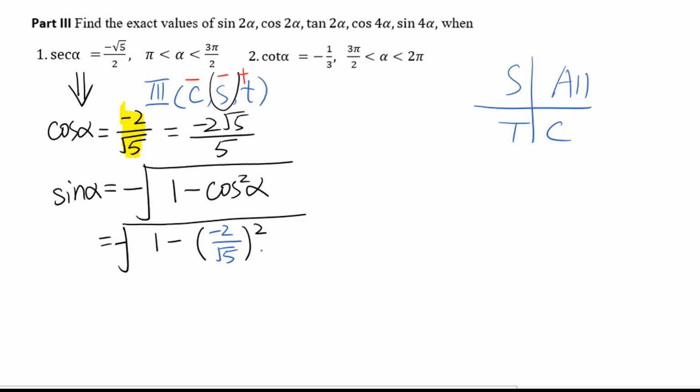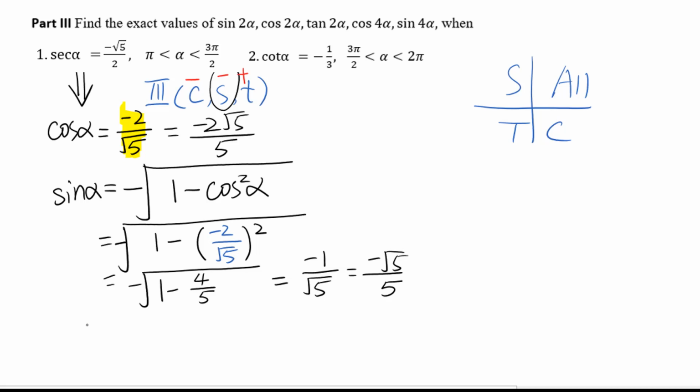And you will get negative square root of 1 minus 4 over 5. Then you will get negative 1 over square root of 5, or simplified, it will be negative square root of 5 over 5. Then you can get the tangent alpha.